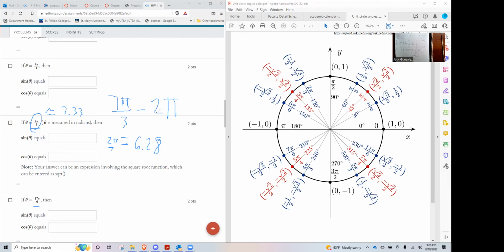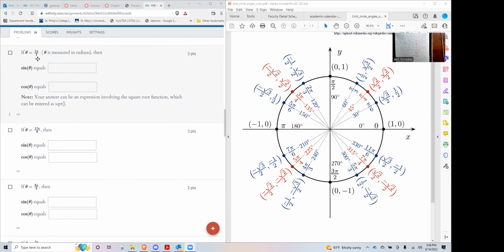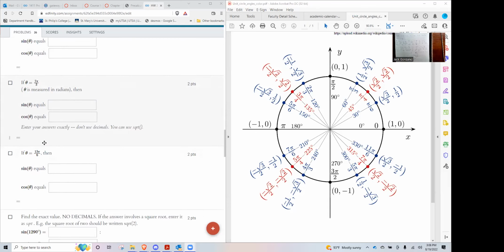Up to you. It's the same thing, just different units. Either way, it's the exact same thing as before. You're just looking at the y value. You just need to do an extra step: find coterminal angles that are on the circle, so it's easier to deal with.